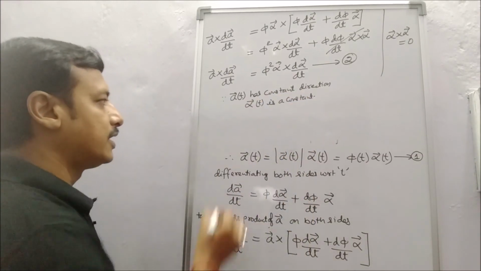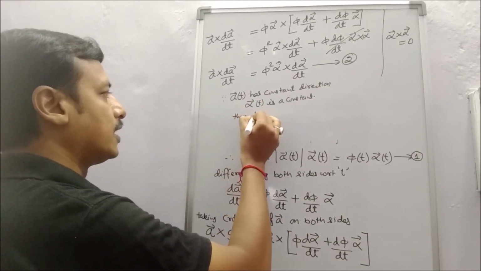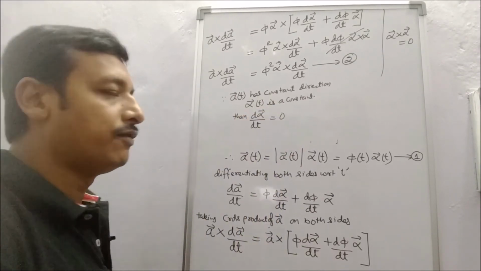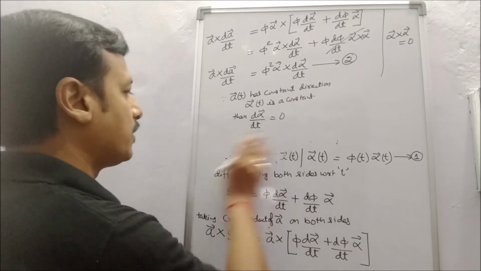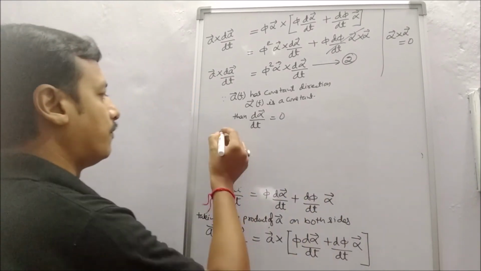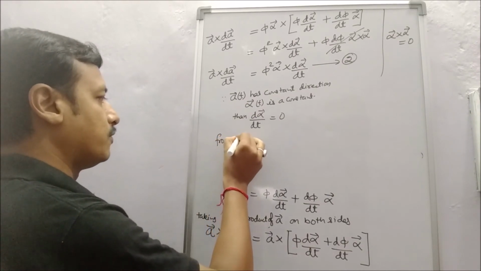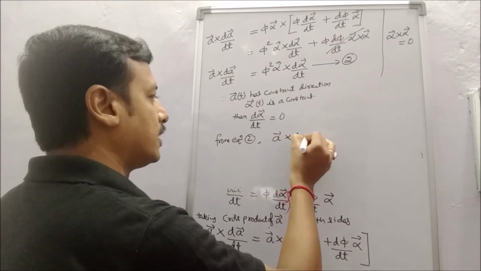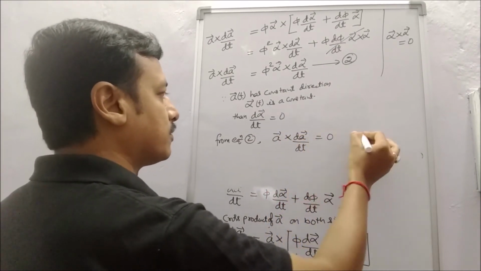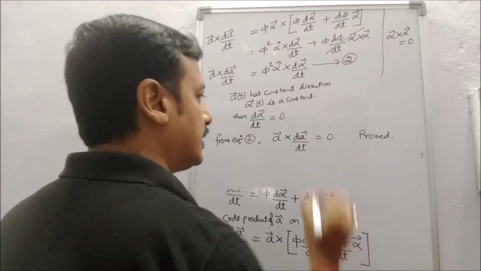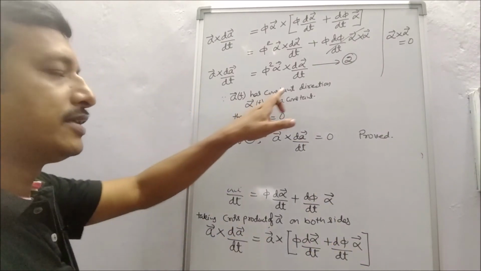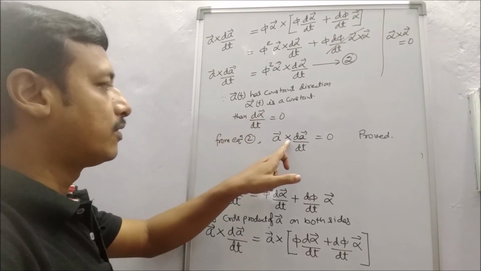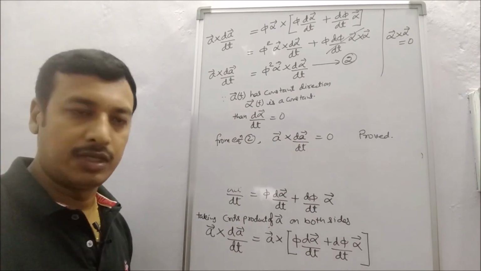If alpha(t) is a constant, then d alpha by dt is equal to 0, since the derivative of a constant function is 0. So from equation 2, A cross dA by dt is equal to 0. That proves the necessary condition: if vector A has constant direction, then A cross dA by dt is equal to 0.